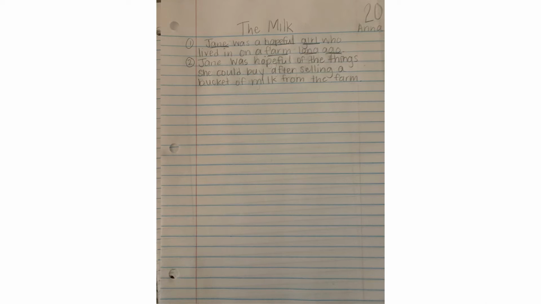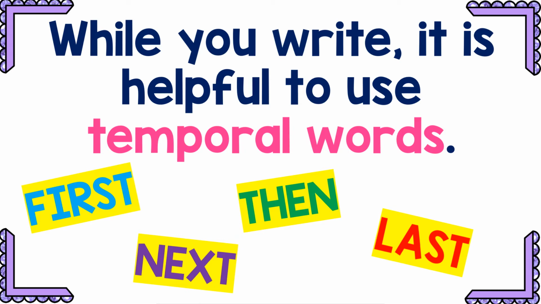Now, I numbered it with a number 2, but remember, in our paragraph, we don't number our sentences, only in a draft. When we write in a complete paragraph or in a good, healthy paragraph, we often use these temporal words or these sequential words, these words that tell when things happen, like first, then, next, last. They help the reader to follow what we're writing, kind of a guide that tells them when things happened.